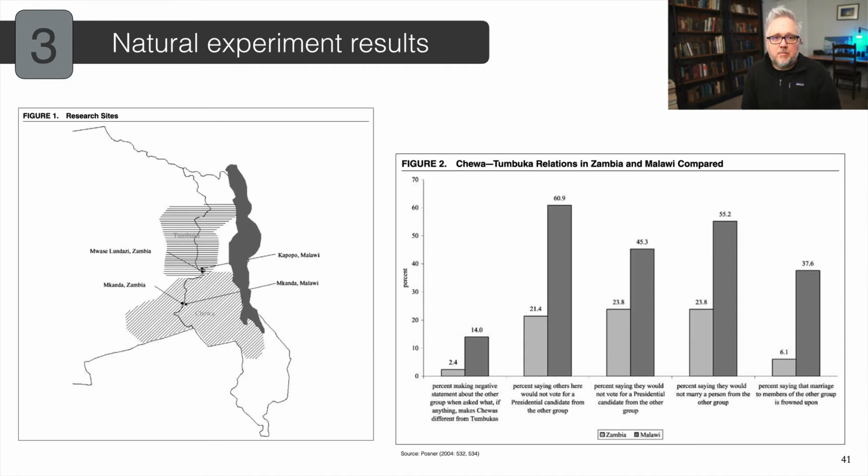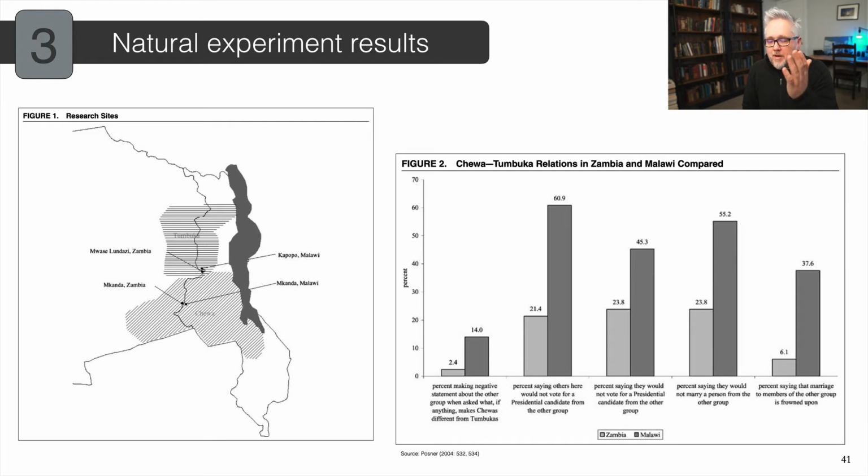And so they split people who had been otherwise identical before the split, like in Zambia and Malawi in this case. And so he looked at 4 different villages that were as close and as comparable to each other across the borders.